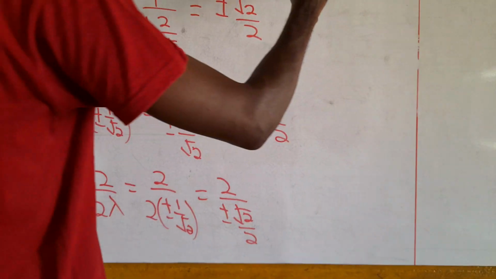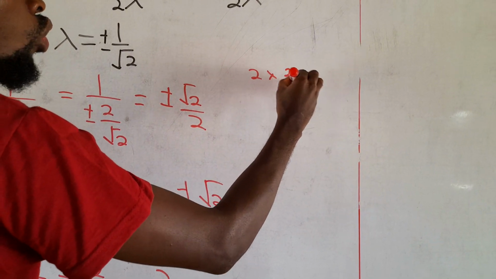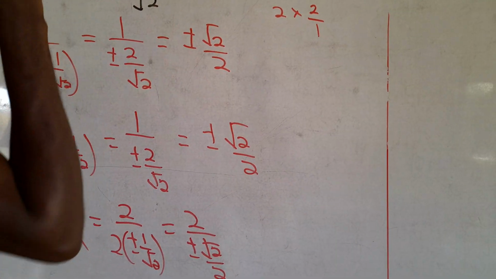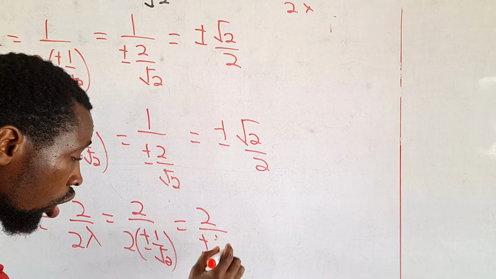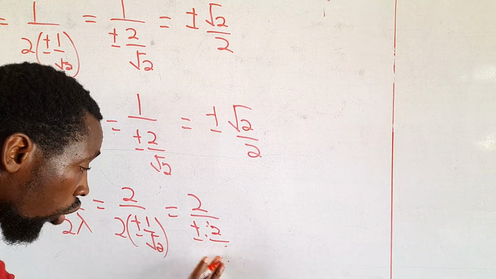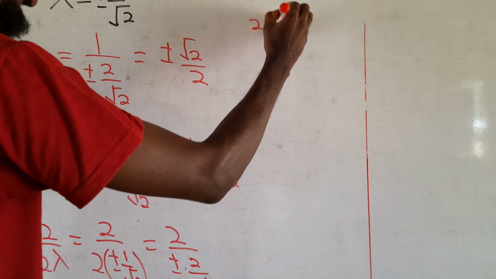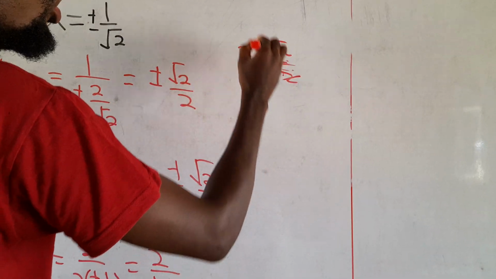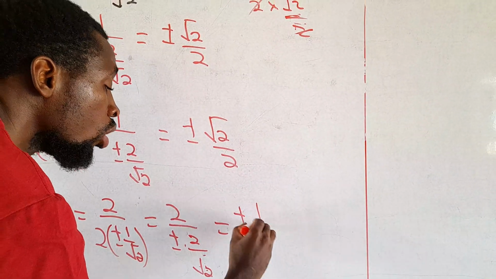Remember, if we have 2 divided by root 2 over 2, we get 2 times 2 over root 2. So when we reciprocate, we get 2 times root 2 over 2. And this will divide, we'll get root 2. So we'll get plus or minus root 2.